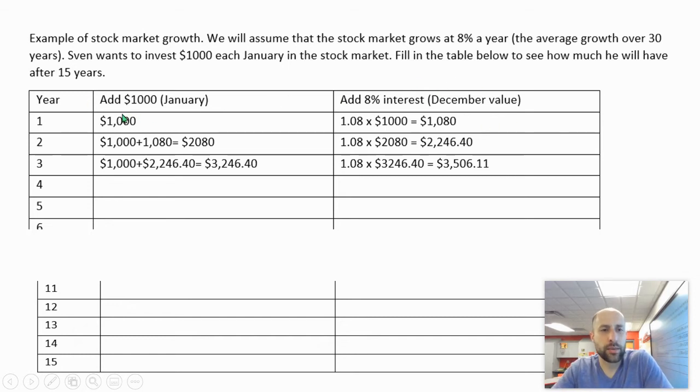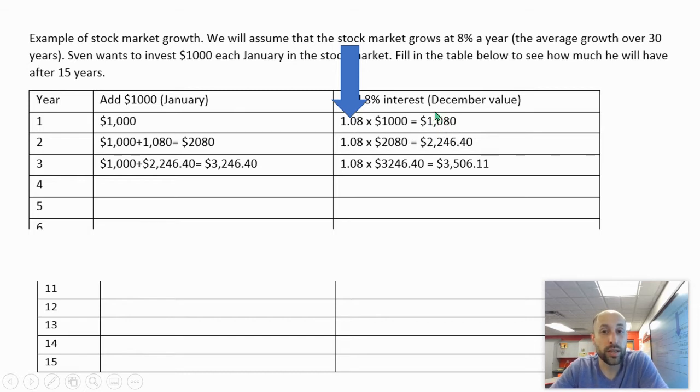So let's take a look at this table, right? First year, we add in $1,000. So the start of the year, the first year, we have $1,000. And then at the end of the year, the 8% interest gets calculated. So we can take 1.08, right? So 1.08 times the amount of the current account to get the new total with the included interest.